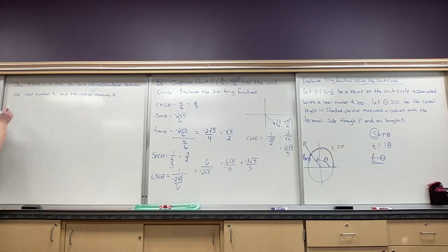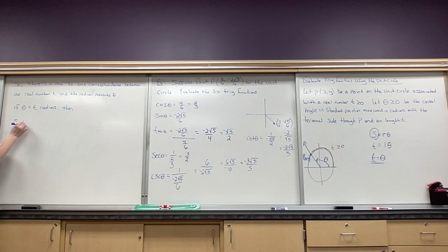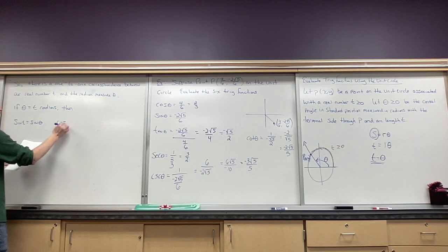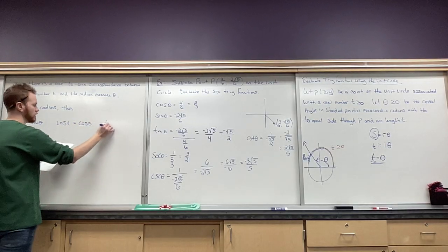So here's what we can do. So if theta is equal to t radians, then I can redefine my unit circle just a little bit with the coordinates. So sine of that arc is the same thing as sine of the angle. Okay? Let me go ahead and write the other one. So cosine of the arc is the same thing as cosine of its angle.